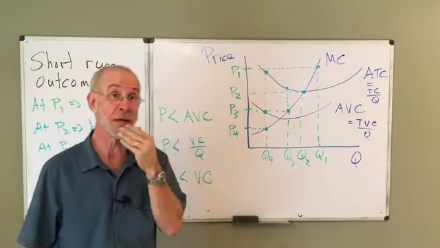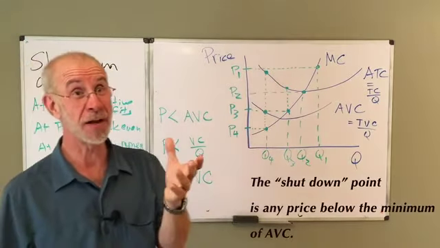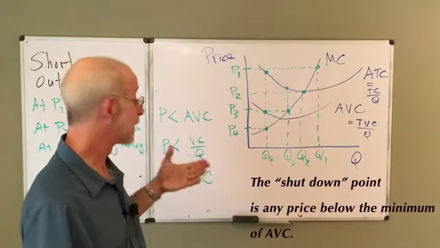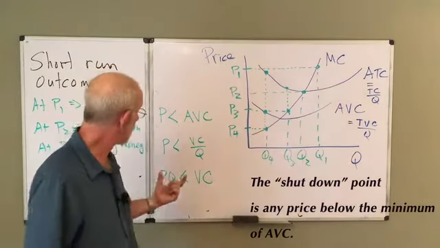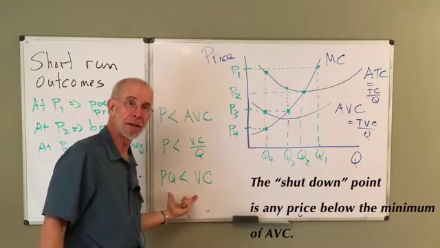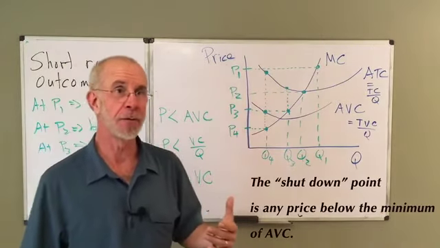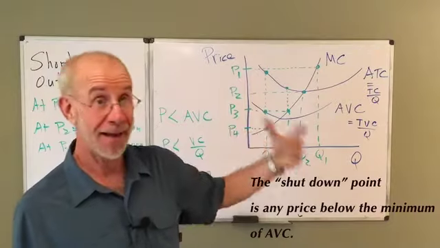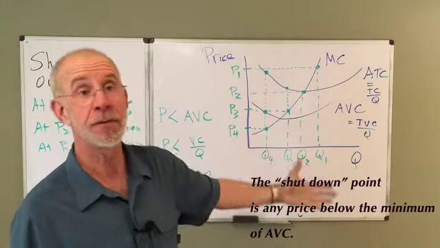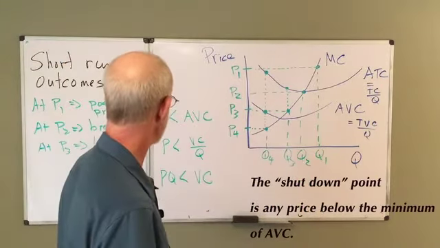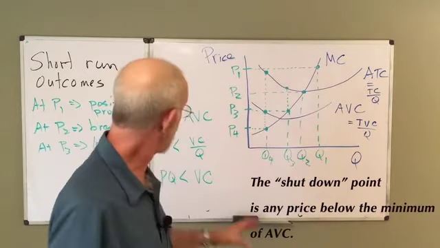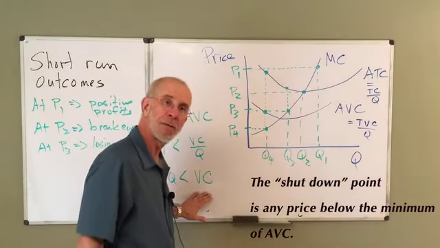This is what we call the shutdown point, where you really seriously ought to get out of business. Another way of looking at this is saying that you are not getting enough revenue to even contribute to your fixed costs. You're not even covering your variable costs.